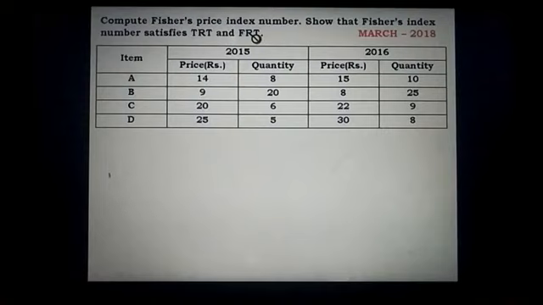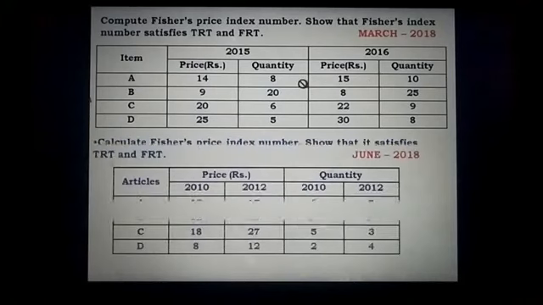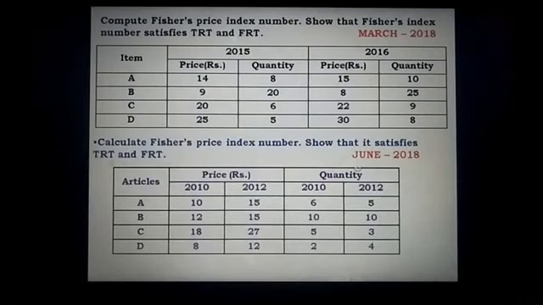In the previous slides I have already explained such a question. Then next, in June 2018, calculate Fisher's price index number and show that it satisfies TRT and FRT. Again a similar kind of question, only the numerical changes we are observing. Apart from that, the entire question is the same.